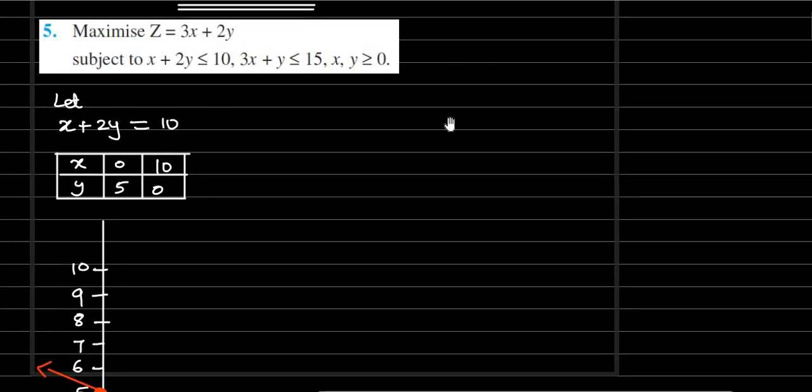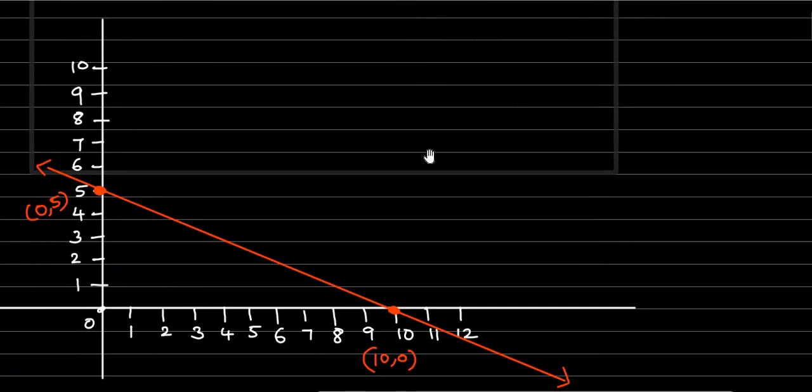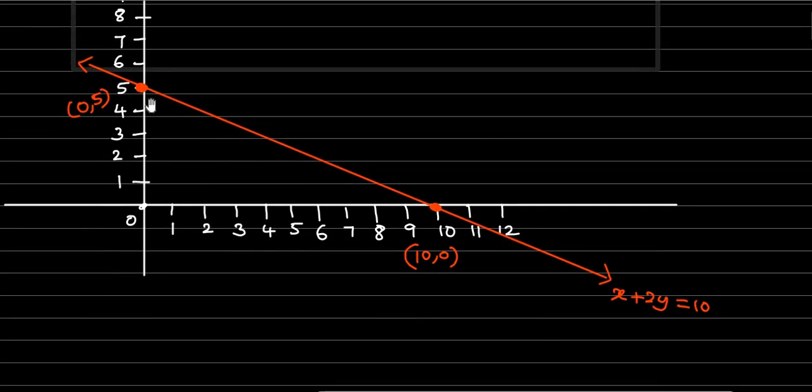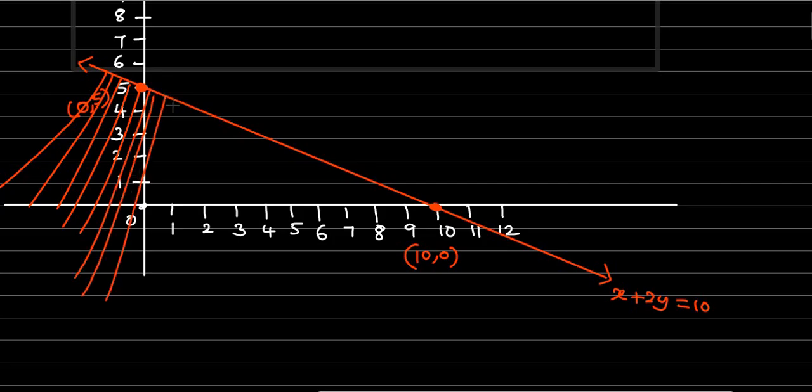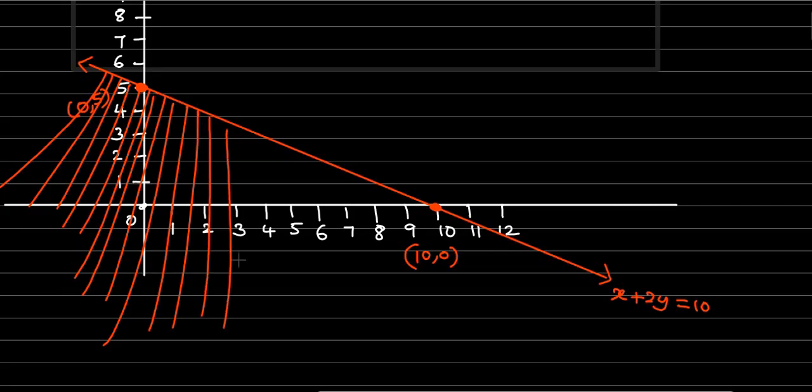Substituting x = 0, y = 0: 0 + 2 times 0 is 0. The condition is less than or equal to 10. Is that true? Yes, it is true. So we can conclude that the solution space for x + 2y ≤ 10 lies on this side.